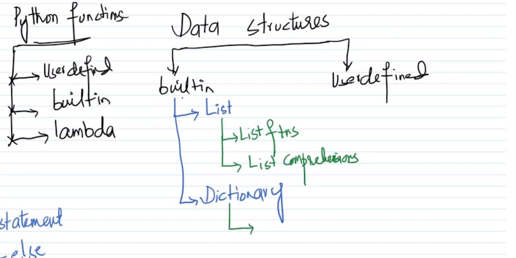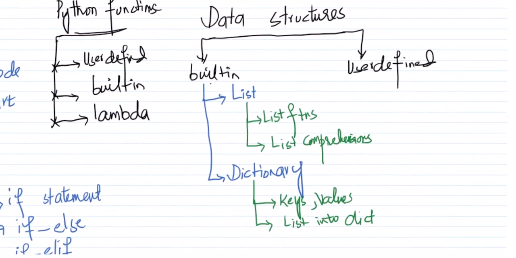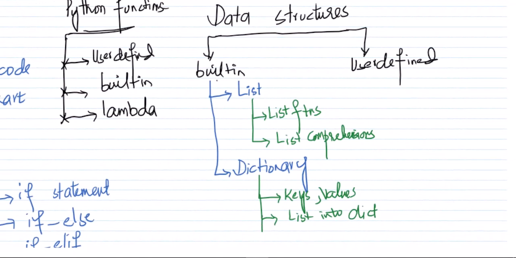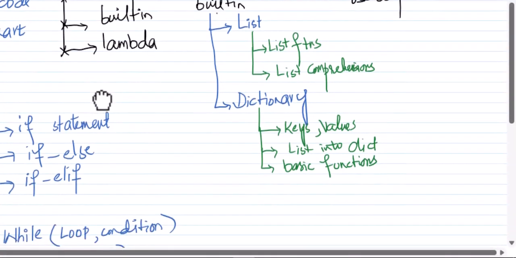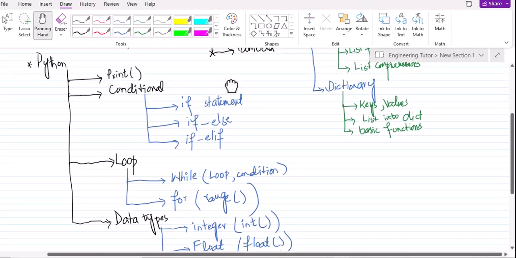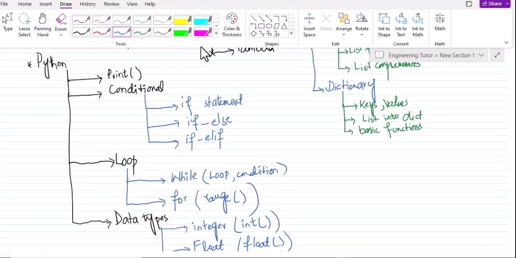We discussed what the keys are, what the values are, and how to convert a list into a dictionary, and what the basic functions in the dictionary are.